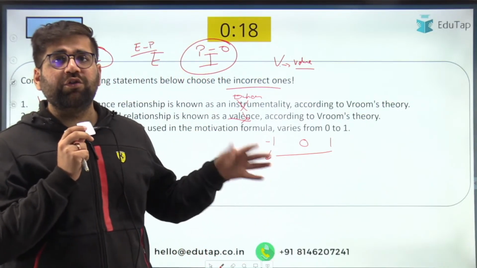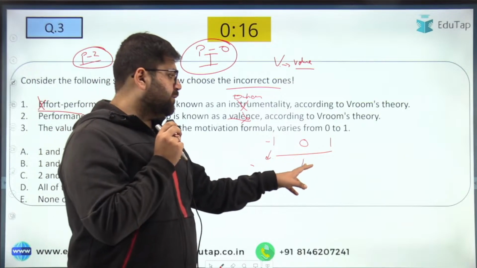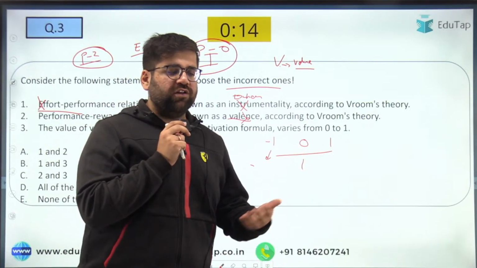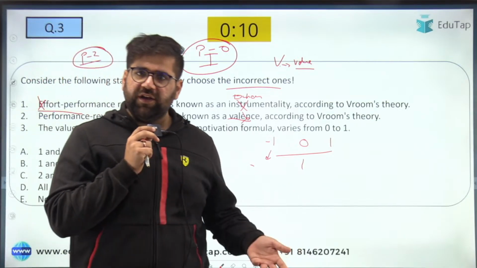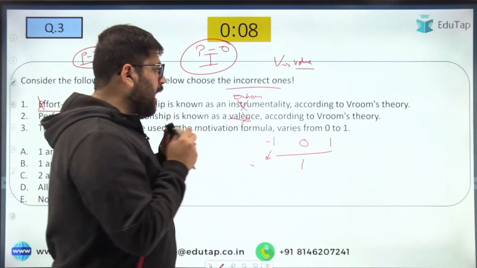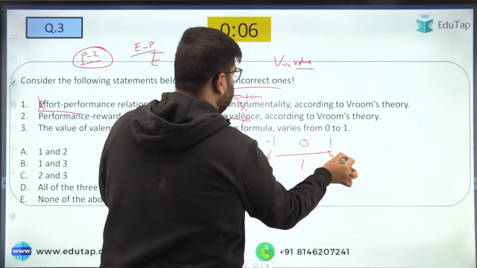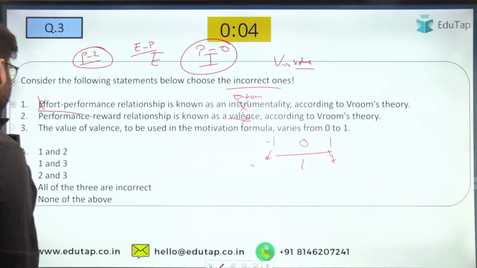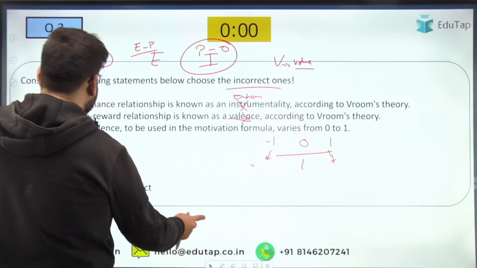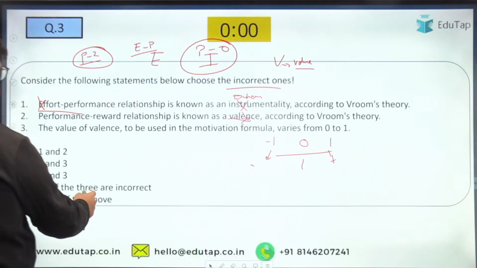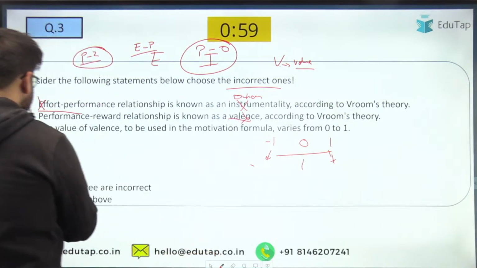We generally avoid those failures. 0 is basically your neutral. You are not sure whether you want to get it or you want to avoid it. And plus basically means that I want to get it. So if you see over here, all the 3 statements are incorrect. Therefore, your correct answer will be option number D.